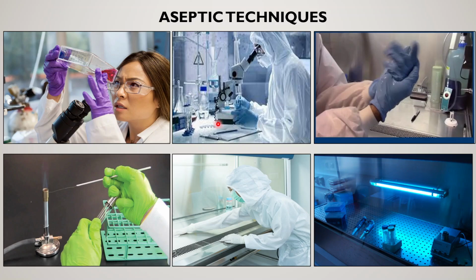Also, the work surface must be cleaned with 70% alcohol before and after each use, and it must be kept as decluttered as possible, so that you have a larger area to work with.